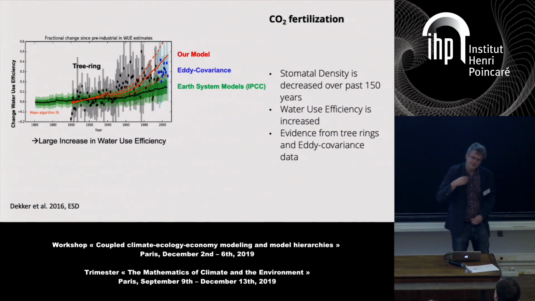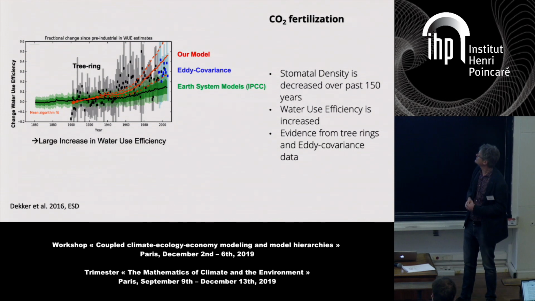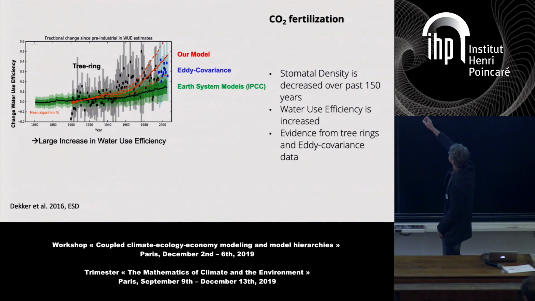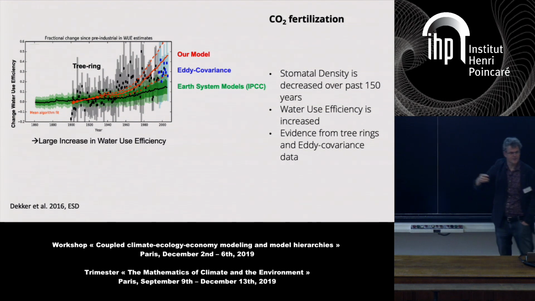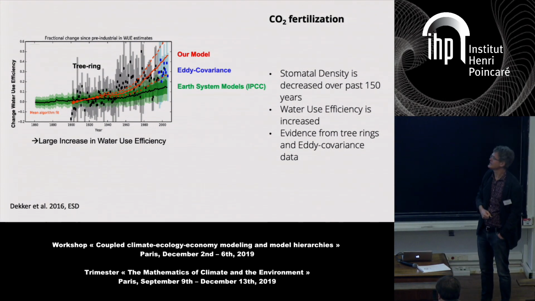And also if we put this into perspective, so if we try to understand this large increase in water use efficiency and compare that to the current IPCC models, then we can see, the black ones are the tree ring data. Then over the past 20 to 30 years you have these eddy covariance data where you can also get a kind of estimate of the increase of water use efficiency.